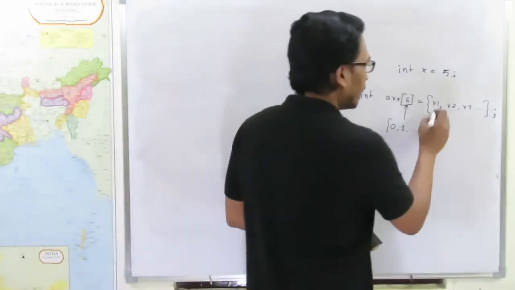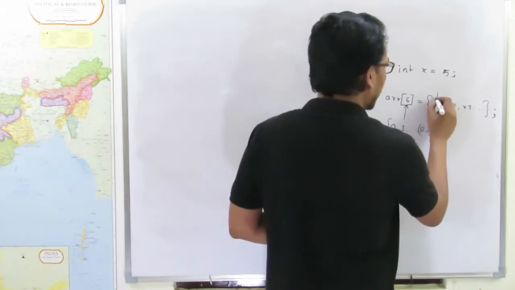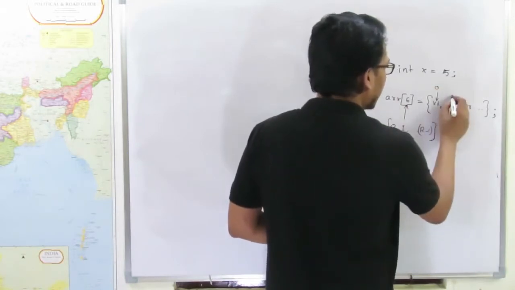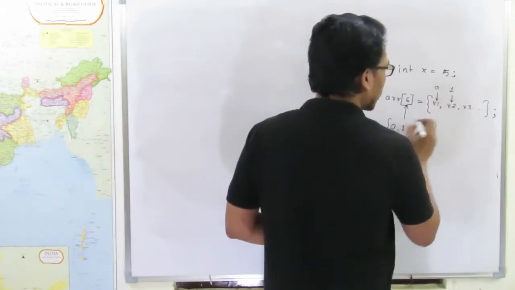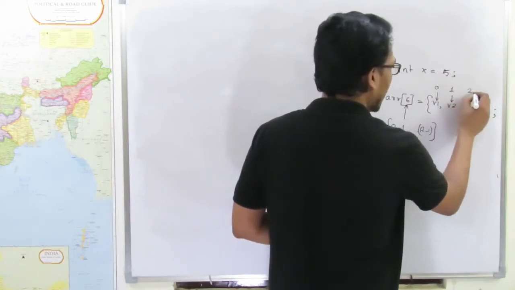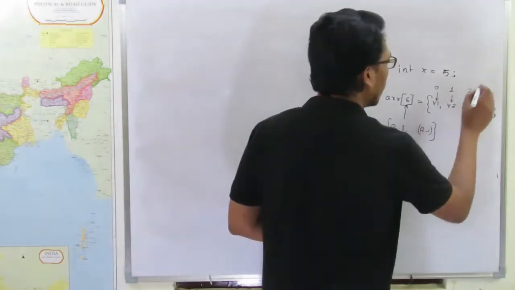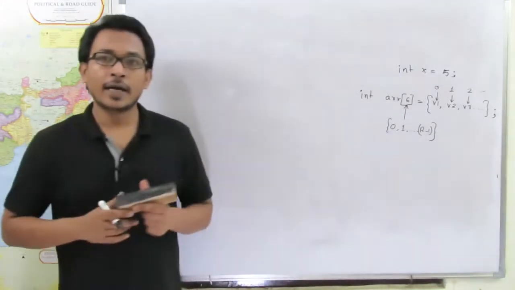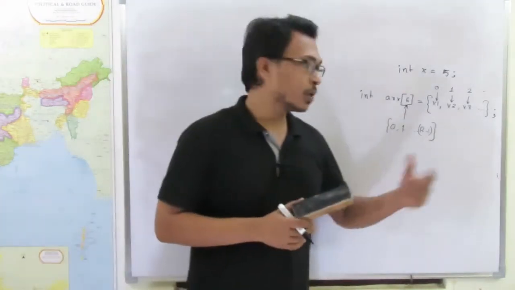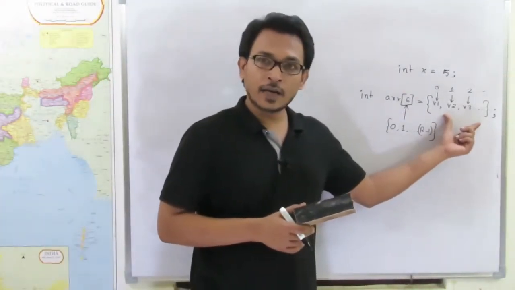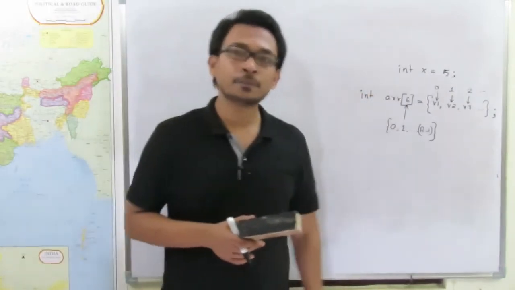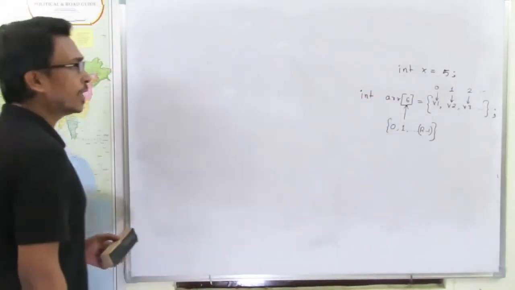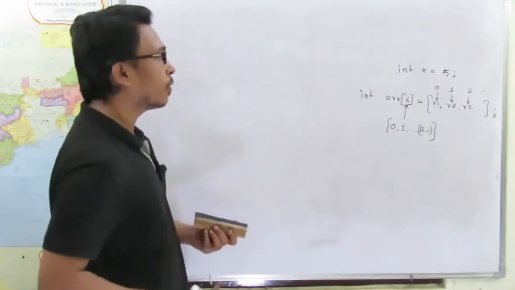Look, the first value in the curly braces will be stored at index 0, the second value will be stored at index 1, the third value at index 2, like that it will continue until it has stored all the specified elements in the array. Clear? So let's take an example and see how this scenario will work.